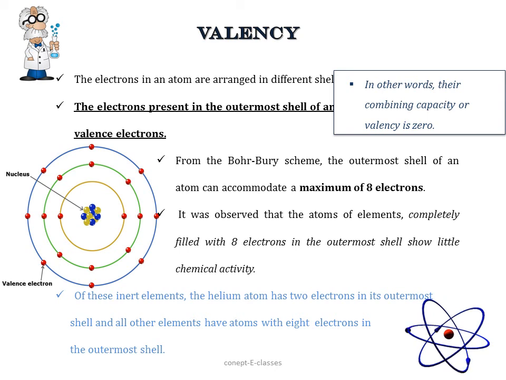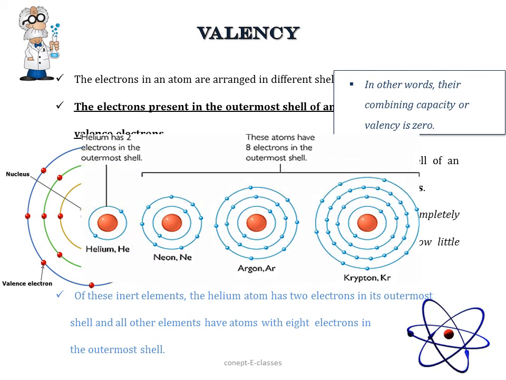The elements that belong to the group called noble gases are called inert elements, like argon, helium, neon, krypton, etc. Out of these inert elements, helium has 2 electrons in the outermost shell, so the valency here is also 0. But all the rest of the inert elements have 8 electrons in the outermost shell. Hence the valency or the combining capacity is 0.